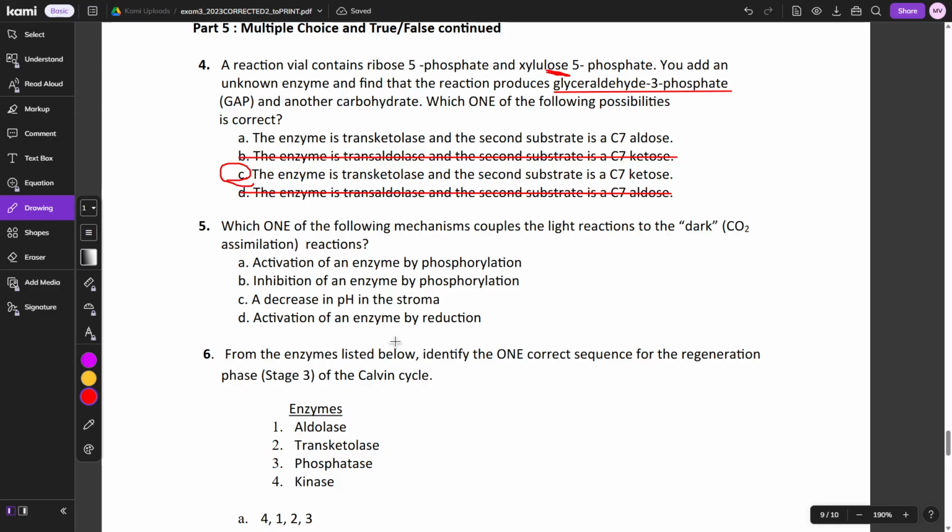Why? Because in the dark reaction, like a reaction where it would reduce the pH and stop the reaction. Thioredoxin.